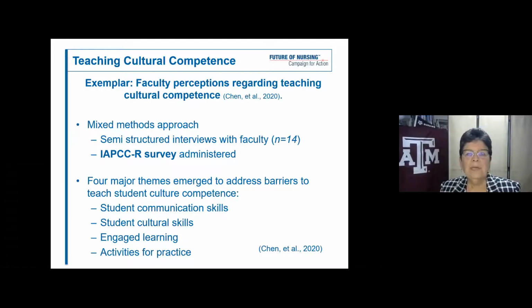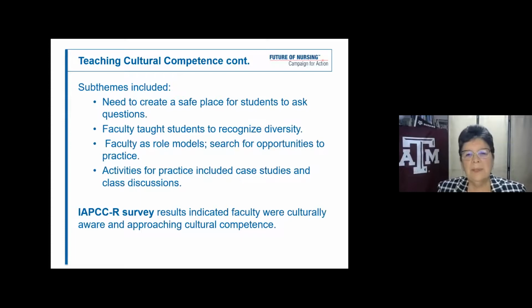And the four major themes that emerged to address some of the barriers to teach student cultural competence were the student communication skills, the student cultural skills, some of the engaged learning, and also some of the activities that were used for practice.